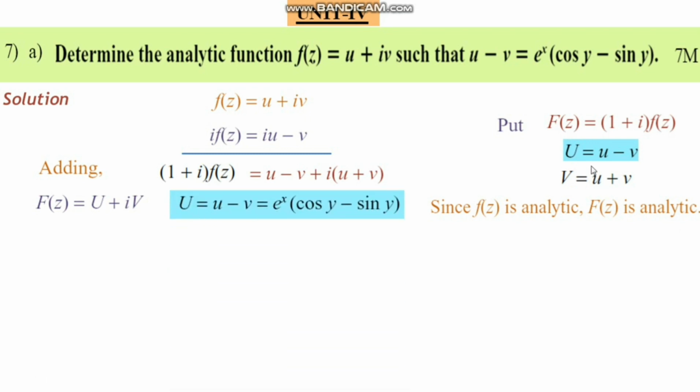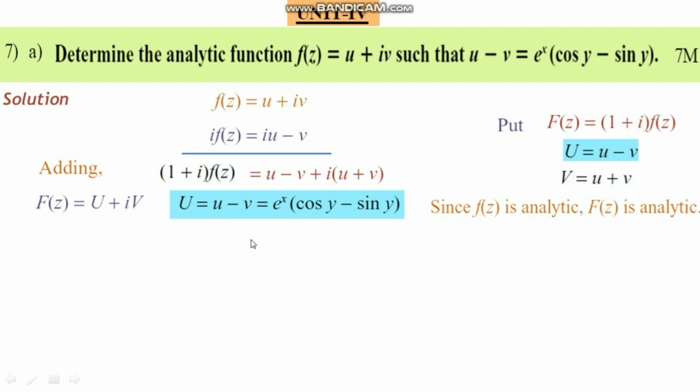Here we are given that u − v, capital U, is e^x (cos y − sin y). It is the real part of the function capital F(z). We need to find an analytic function f(z) based on this u − v.